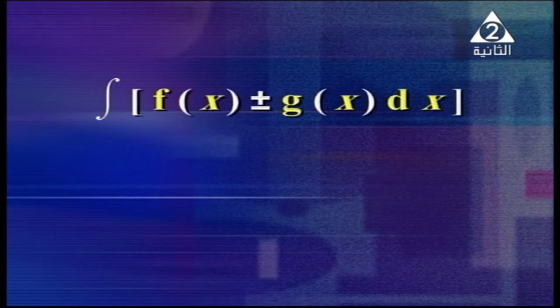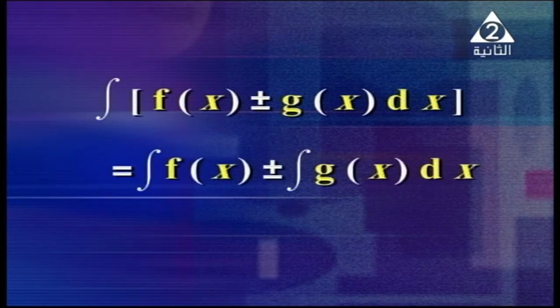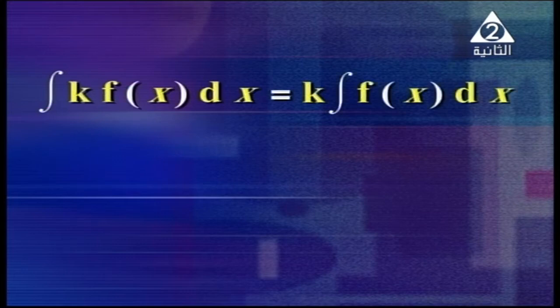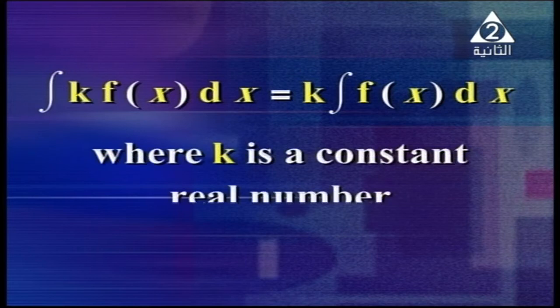Integration of f of x, positive or negative, g of x dx equals integration of the first, f of x, positive or negative integration of the second, g of x dx. Number two, integration of constant multiply f of x dx equals k multiply integration f of x dx. K is constant real number, not equal 0.